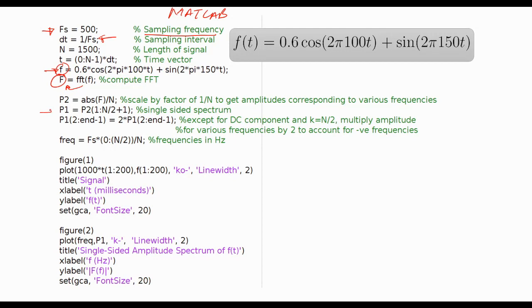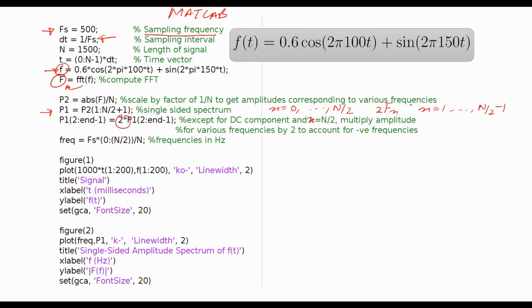What we've done next is we take the frequencies corresponding to, let's say, n going from 0 to N by 2. And then for all coefficients Fn, for n going from 1 to N by 2 minus 1, we've multiplied by a factor of 2. That's because we know that we have positive and negative frequencies, so the net amplitude of an individual frequency component is twice these coefficients, but not for the DC component, that is n equals 0, and for capital N by 2.